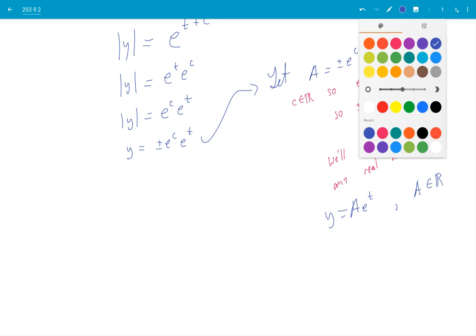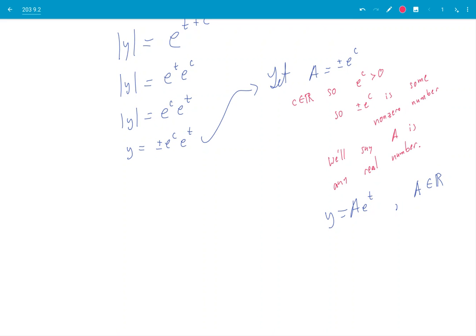Now, this stuff in red, unfortunately, we should talk about that some more. Okay, so e to the c is positive. Plus or minus e to the c could be positive or negative, but not 0. But what about 0? Why am I including 0 as a possibility here? Well, this is messy.